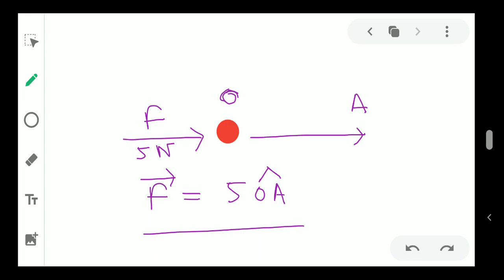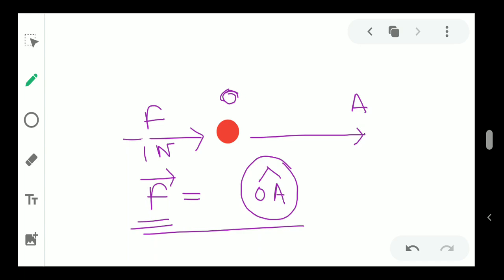Now if I am giving 1 Newton of force, what will happen? This will be your 1 into OA cap, so it will be your OA cap only, and this vector F will be called a unit vector.